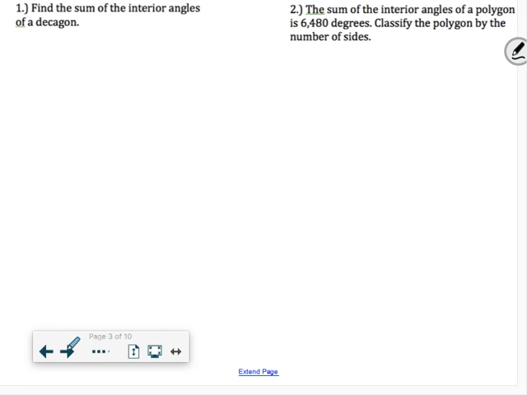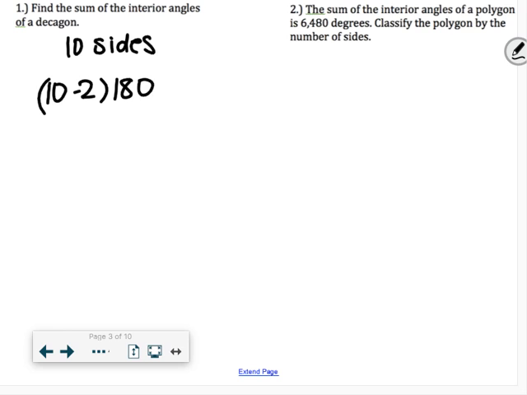Find the sum of a decagon. How many sides does a decagon have? 10. Okay? So 10 sides. I don't need GeoGebra for this. I can use my equation. So 10 minus 2 times 180.